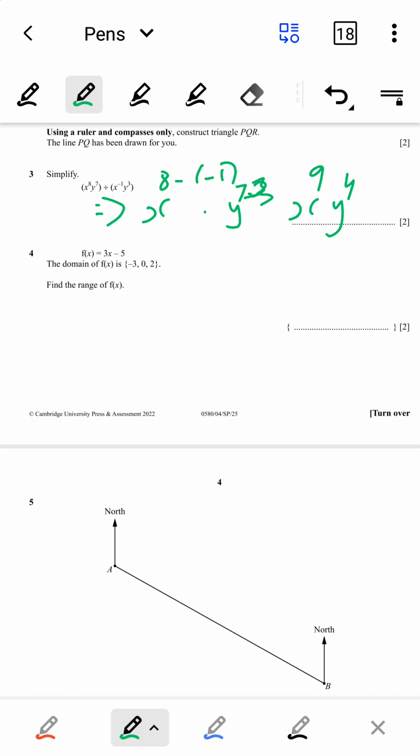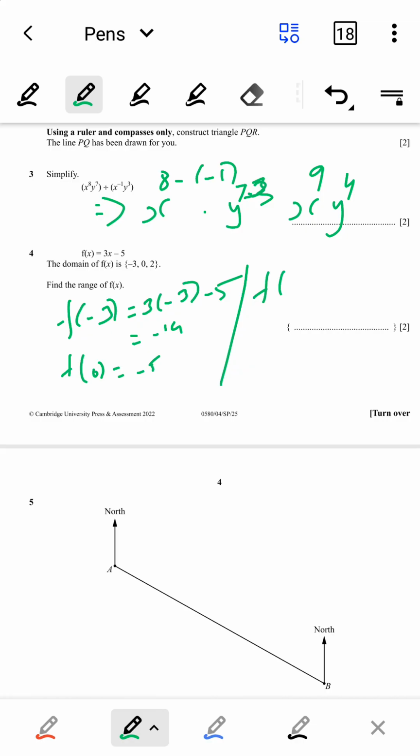Then moving forward with question number 4: the function f of x equals 3x minus 5. The domain of the function, the input, has been given as minus 3, 0, 2. Just substitute, and the output values will be the range. So f of minus 3: instead of x, substitute minus 3. 3 times minus 3 is minus 9, minus 5 gives minus 14. Then f of 0 is minus 5.